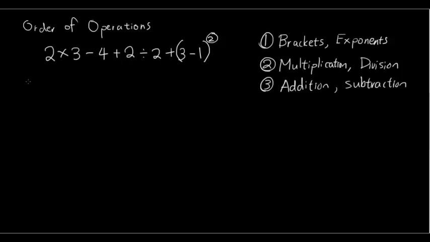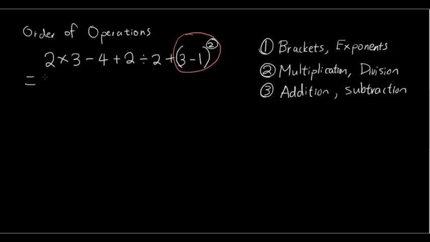So let's just conduct this process on this long equation here. So step number one, brackets and exponents. Well, I can see a bracket here and an exponent there, so I'm going to do that first. So let me select a different color. So this part is what we're going to do first.